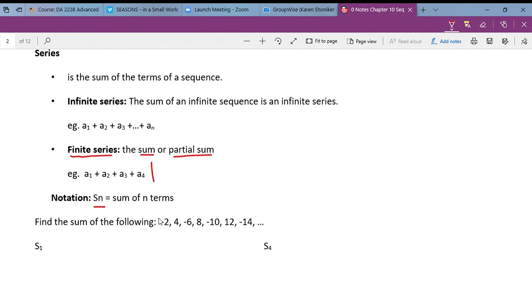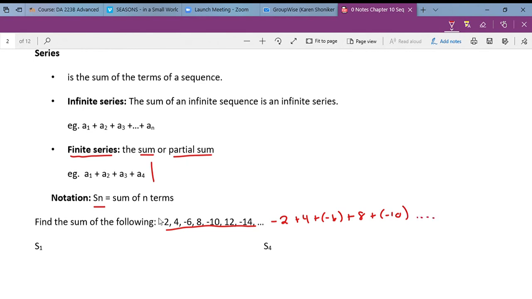So for example, if I had this sequence, if I wanted to find a sum, it would be -2 plus 4 plus -6, or just -6, plus 8, plus -10, and so on, because there's a dot, dot, dot.